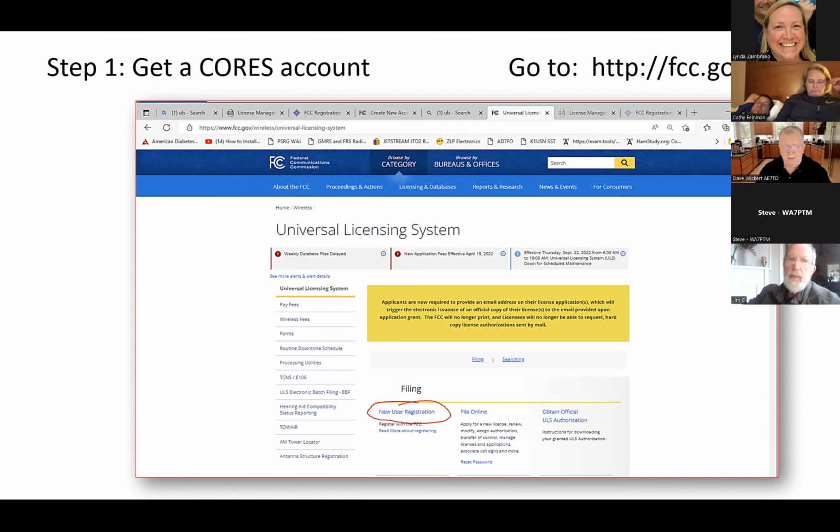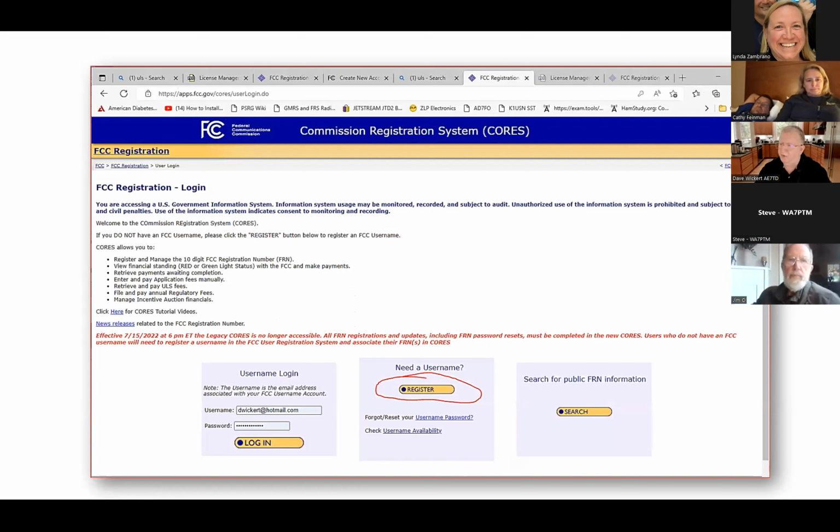You click on that, and that takes you to the login screen. If you've not done this before, you first have to create an account. You do that by clicking on the register button that has you create a username.